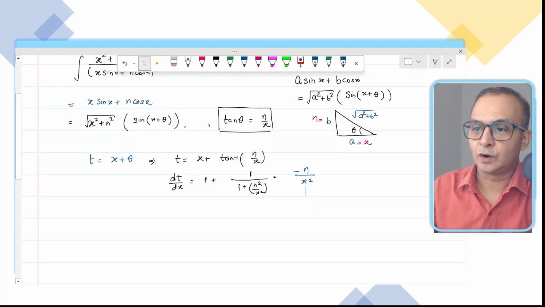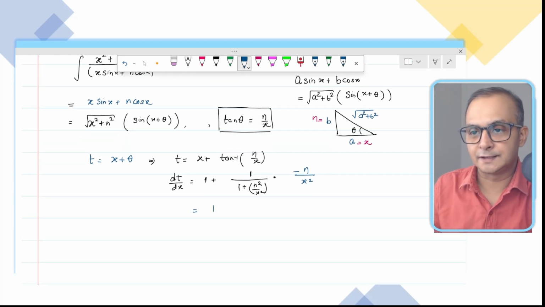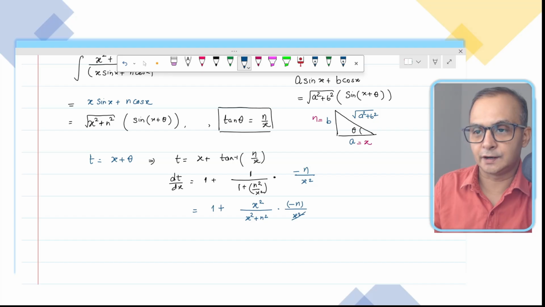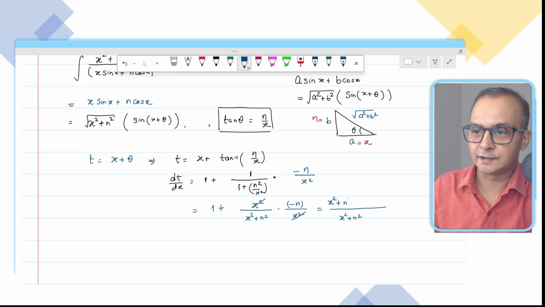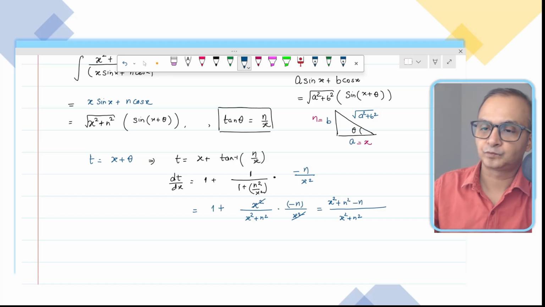You notice what will happen after this: this is going to give us 1 plus x squared by (x squared plus n squared) into minus n by x squared, where x squared and x squared get cancelled. And from here I can again take the LCM and combine the two ratios into one. It will give you x squared plus n squared minus n over x squared plus n squared.